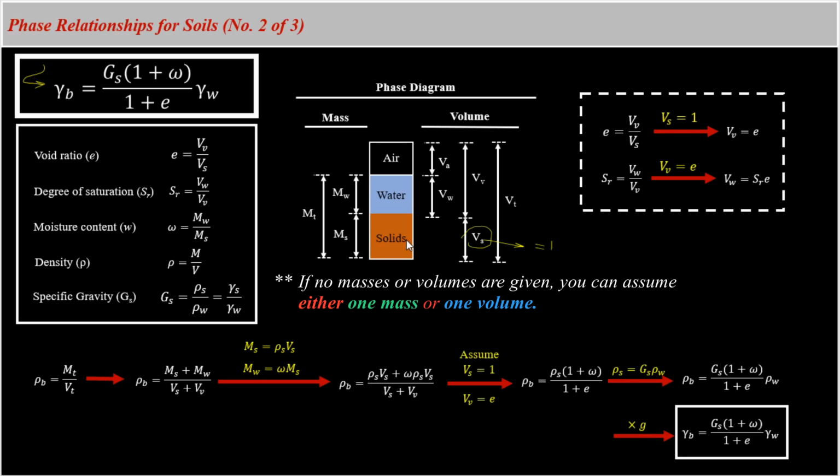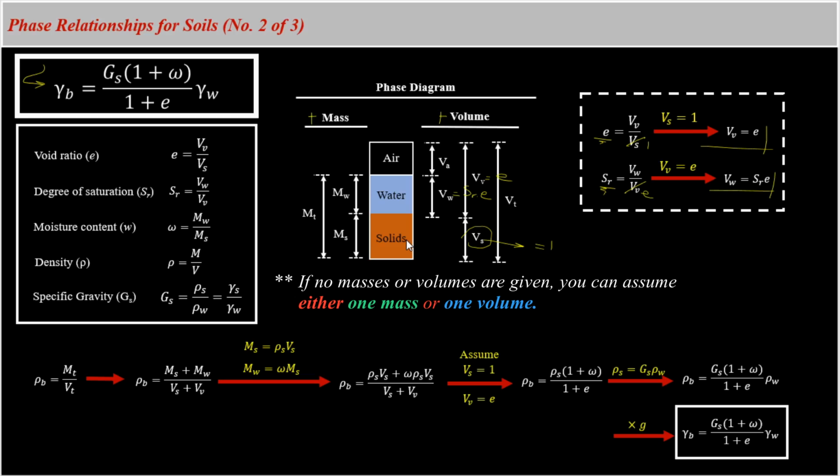By making this assumption and using the void ratio equation, we get the volume of the void is equal to e. And from the degree of saturation equation, we get the volume of the water is equal to degree of saturation times e.